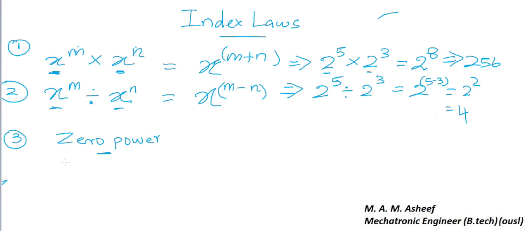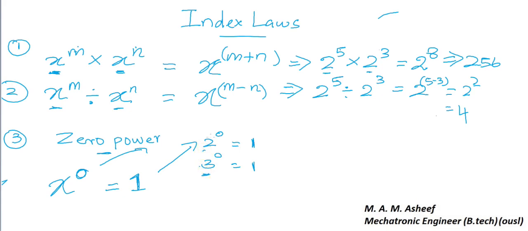This law is telling that whenever the power becomes 0 of any base, the answer will be equal to 1. So if it is 2 to the power 0, it's equal to 1. 3 to the power 0 is also equal to 1. We don't need to see the bases.